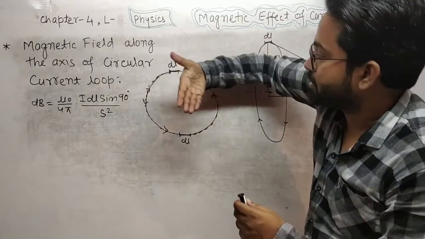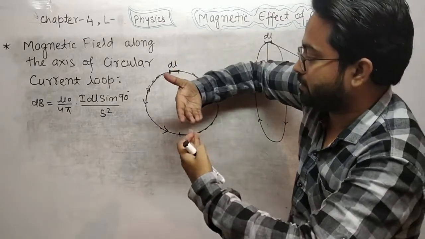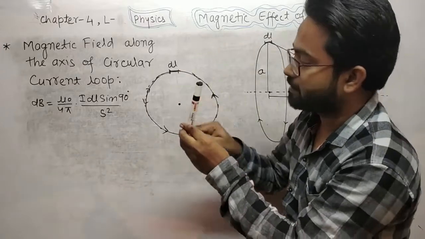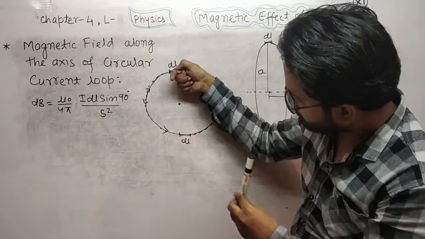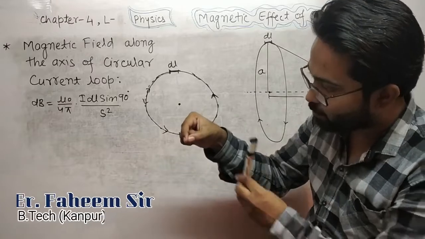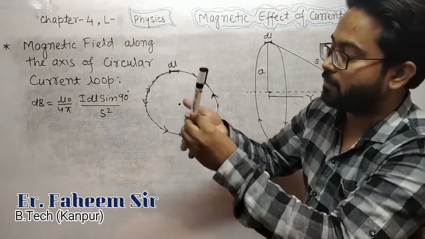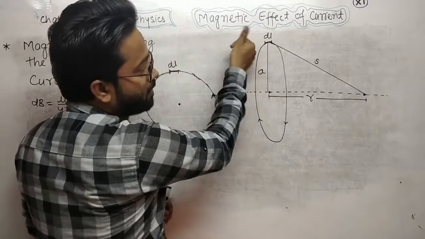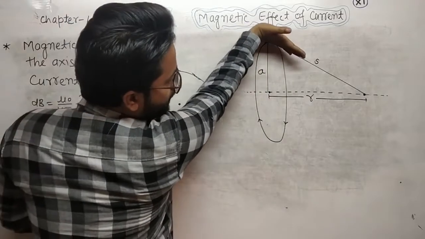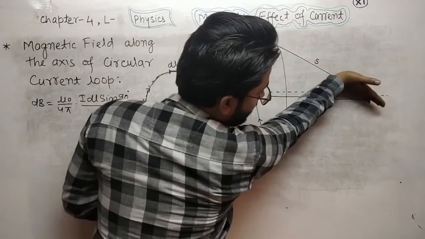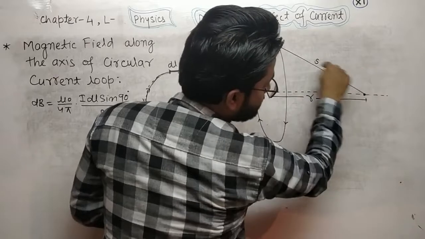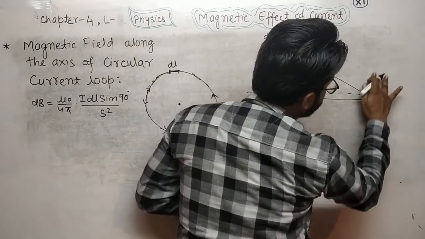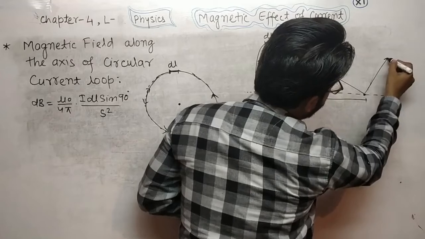And the direction will be what? Current is in this direction and the point is here. At that point, the magnetic field will be perpendicular to the plane containing dl and r. Here the current is in this direction, but the magnetic field at that point will be just perpendicular, which means the magnetic field will be in this direction.